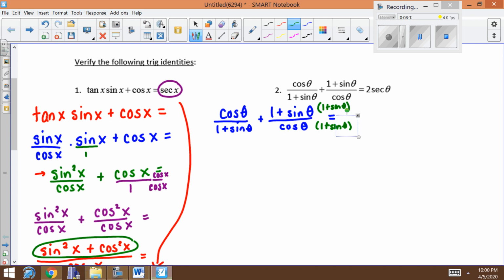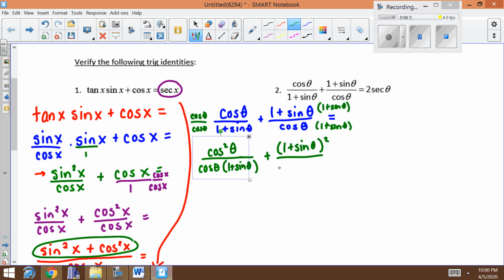Over here, we're going to have to multiply by the cosine over the cosine. So that gives us cosine squared over cosine times 1 plus sine. And then plus, this is going to be 1 plus sine times 1 plus sine, or 1 plus sine squared.